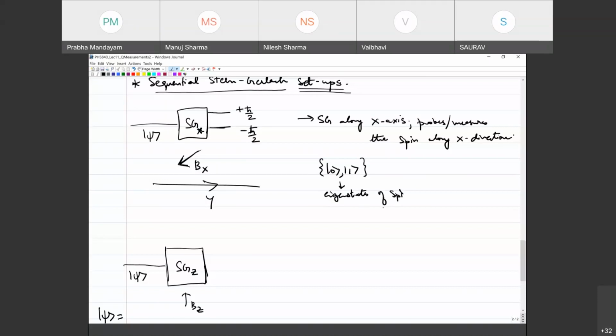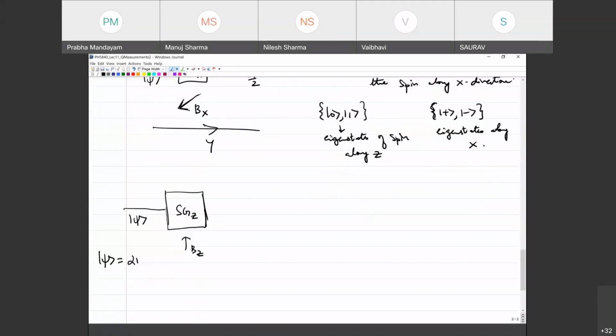And plus and minus are the spin eigenstates along X, right? Okay, so my input state is some superposition of 0 and 1, okay?